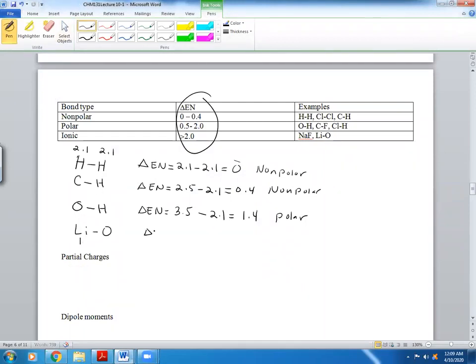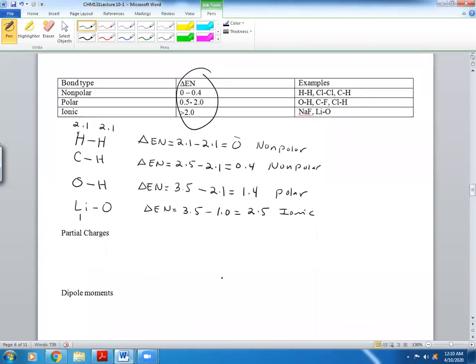So you take 3.5 minus 1 for Li, and that's a 2.5, which is right here. It's above 2. That's ionic. Or you'll never go wrong with a metal and a non-metal. That makes it ionic. Very well.